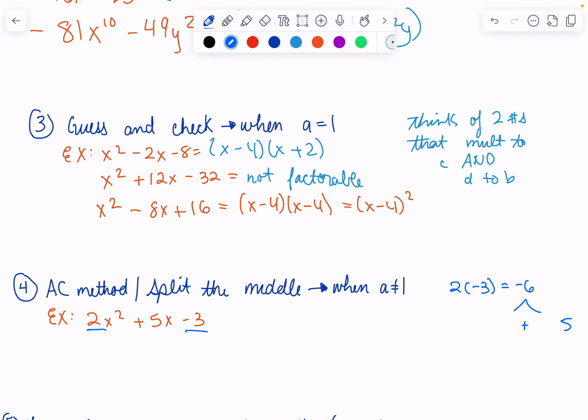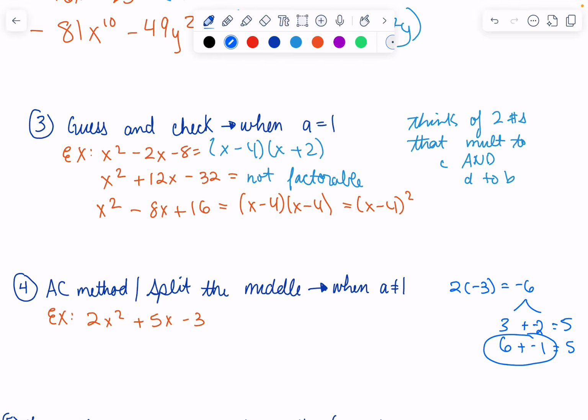All right, this one isn't that bad. 3 and negative 2 won't work, but 6 and negative 1, that works. So that's my pair of numbers. Now, it's not like I'm just going to take those values and immediately factor it. This is why it's called split the middle, because now I'm going to take this middle term, the 5x, and I'm going to break it apart.